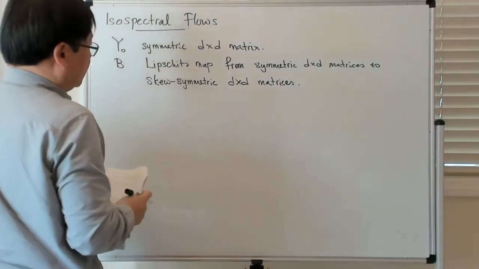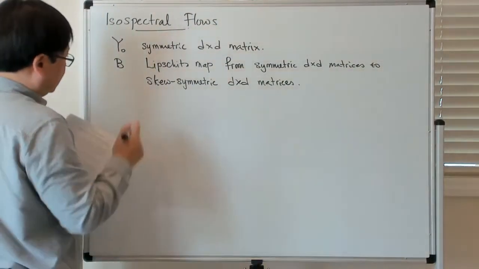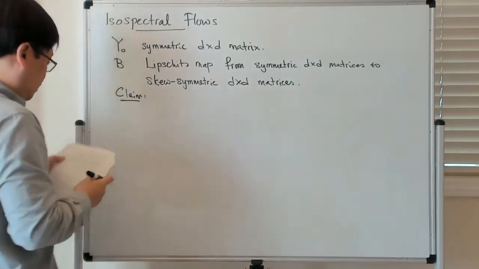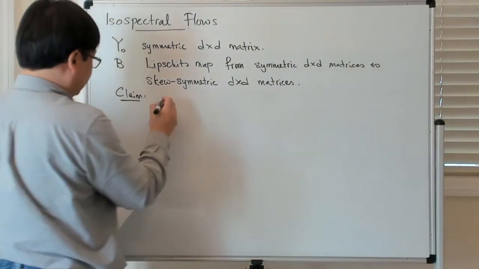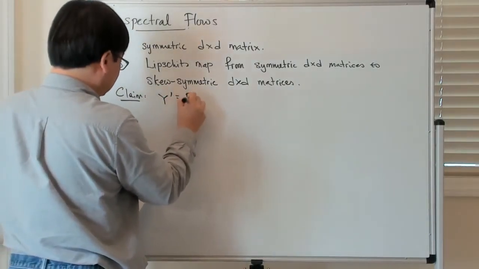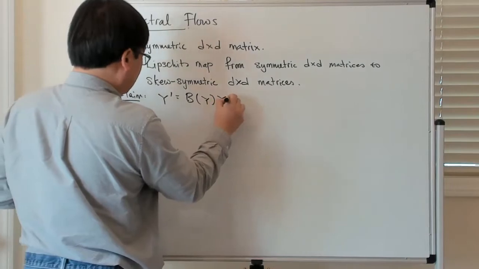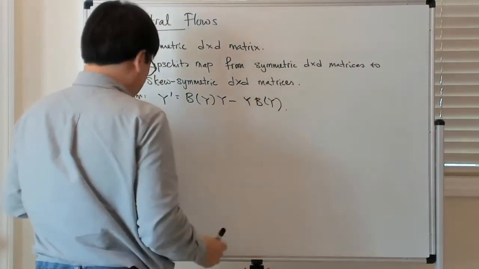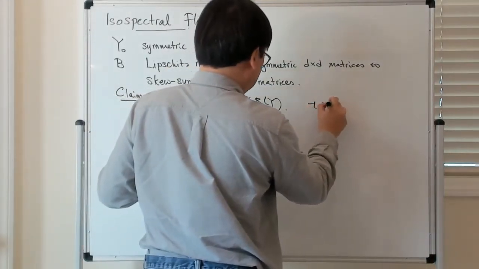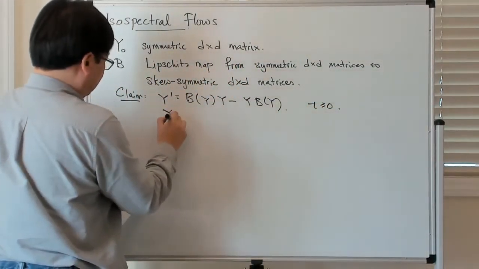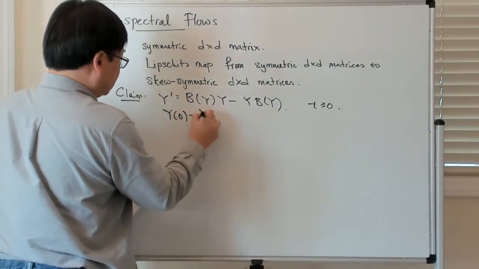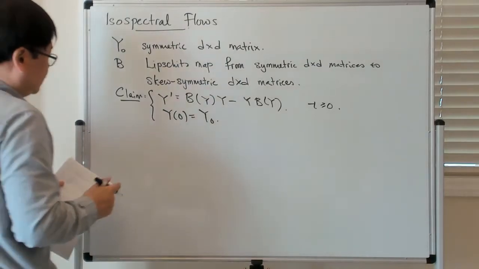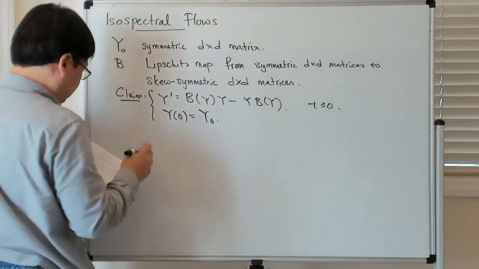Okay, then if you have those two properties, then the claim is that the following matrix ODE, which is y prime is equal to b of y times y minus y times b of y, for t greater than or equal to 0, and y at time 0 equals y0, this initial value problem is said to be isospectral.